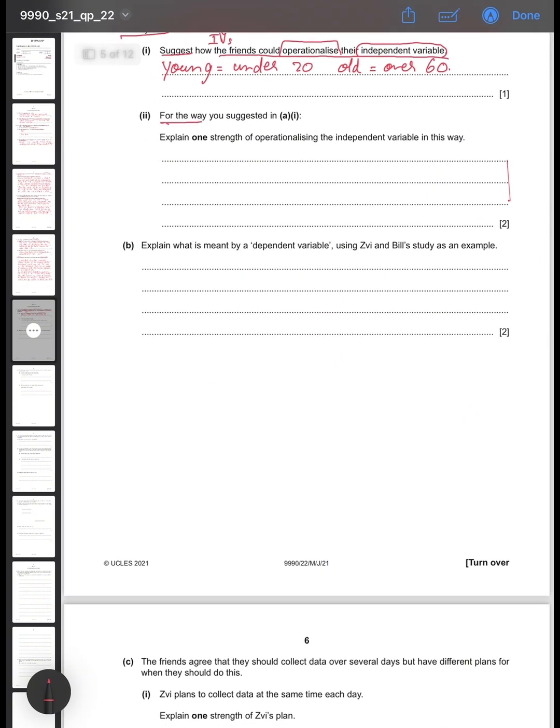Now part 2 says, for the way you suggested in A1, explain one strength of operationalizing the independent variable in this way.